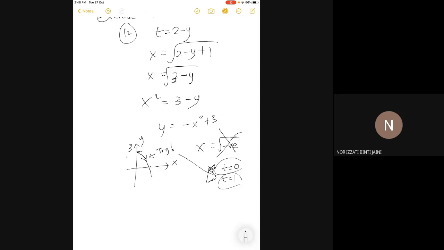I think plane line tu tak ada masalah as long as if there are missing variables, then your surface will be along that missing variables. Okay.